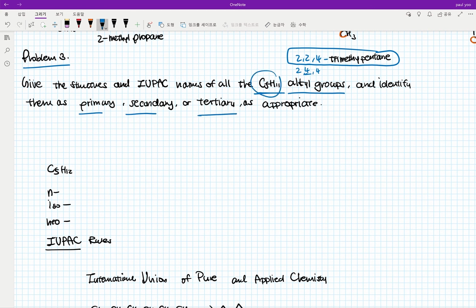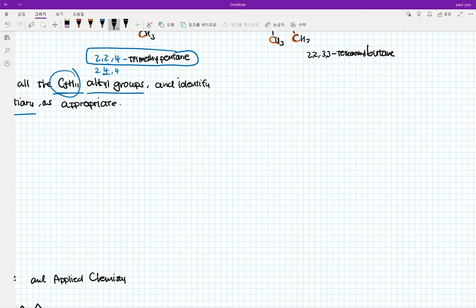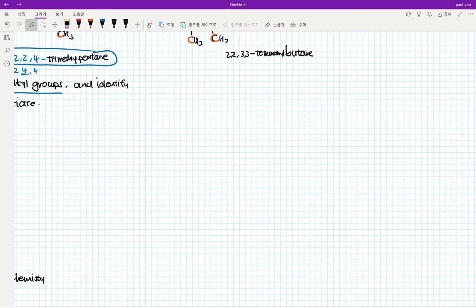So C5H11, the simplest chain will be this, and this substituent group will be considered a pentyl group.